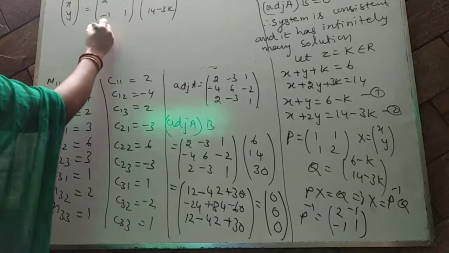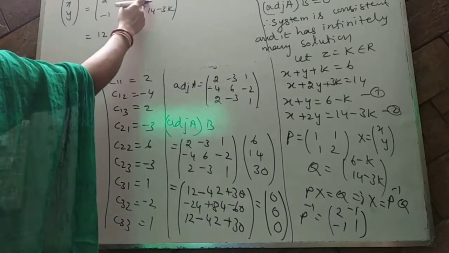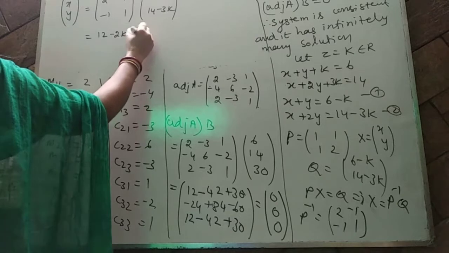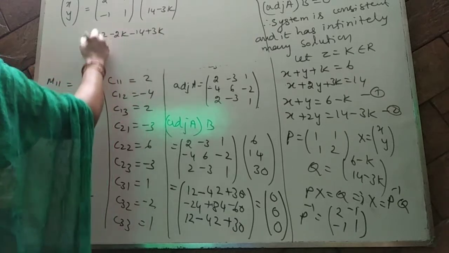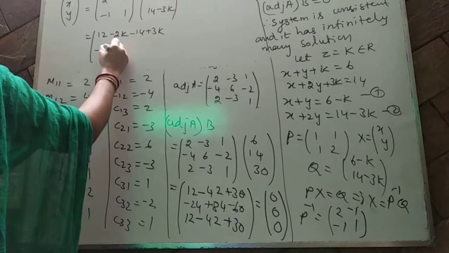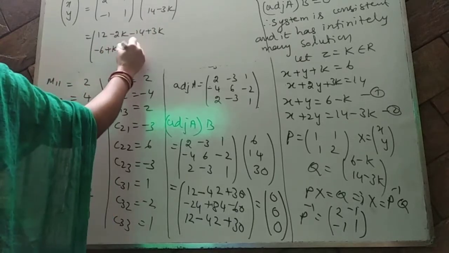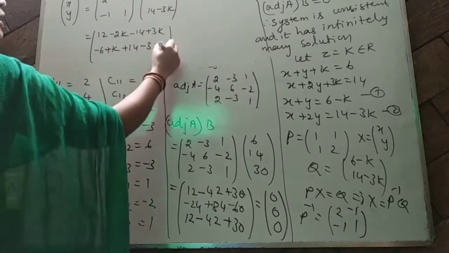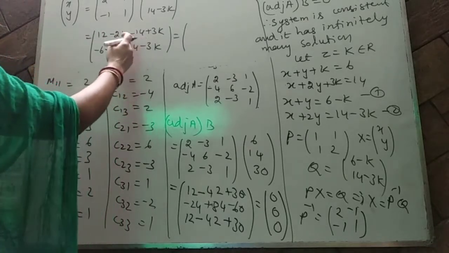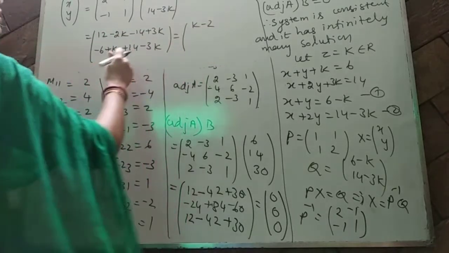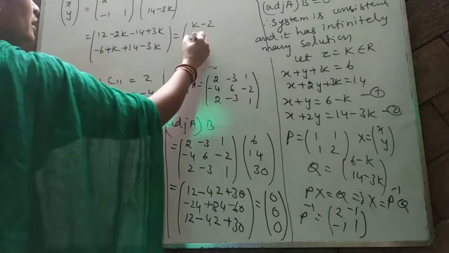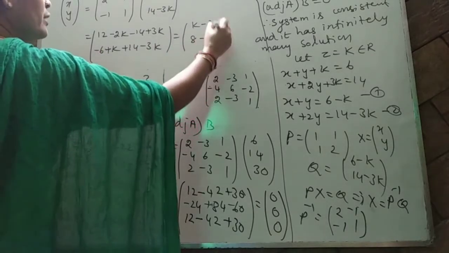If I multiply this, we will get 12 minus 2k, minus 14 plus 3k, and then next minus 6 plus k, plus 14 minus 3k. So the final answer I will get is 12 minus 14, that is k minus 2, and then the other is 8 minus 2k. Okay, fine.